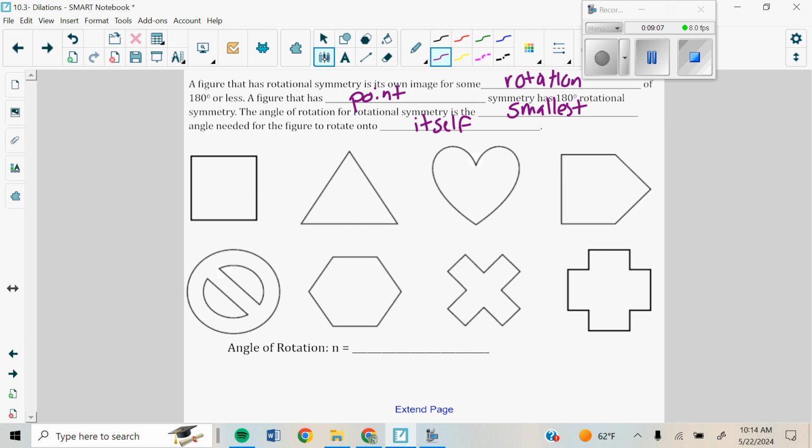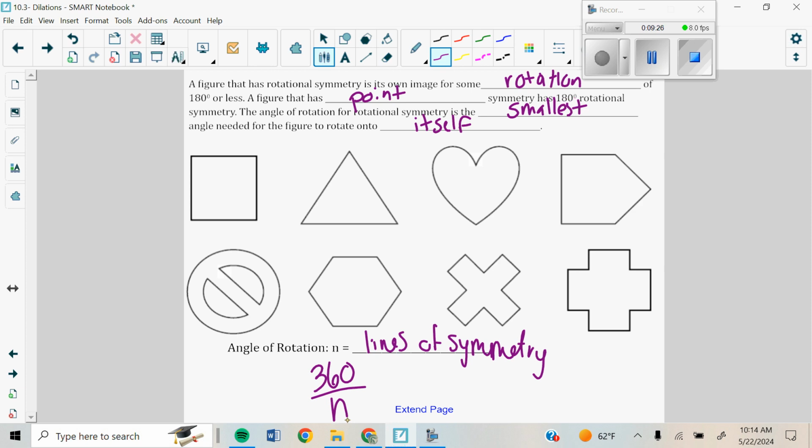If we have rotational symmetry, N is our number of lines of symmetry. So our angle of rotation is going to be 360 divided by the number of lines of symmetry.